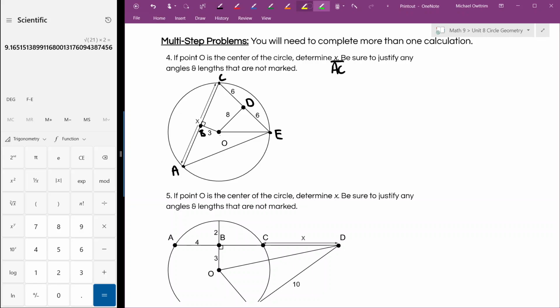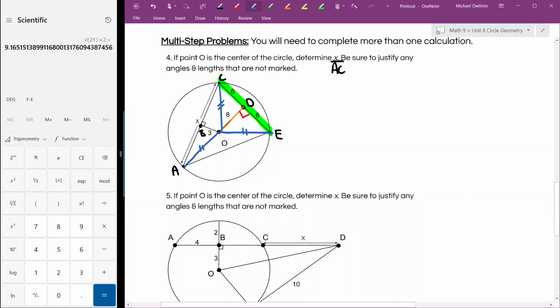I do see that I have a different chord, C to E, and that chord is being bisected by this line here, which is O to D. Any chord that's being bisected by a line must be perpendicular to that line by our chord properties. And the reason that interests me is that this line here is a radius, and radii are often very helpful in questions because we can draw radii going to any other point, and all those radii will be the same distance or same length.